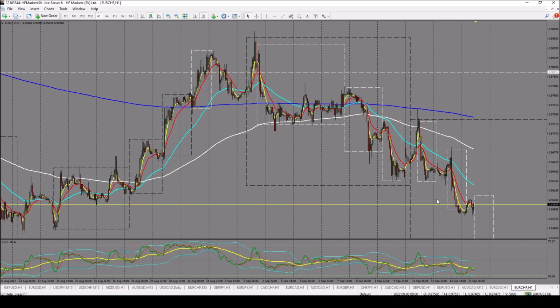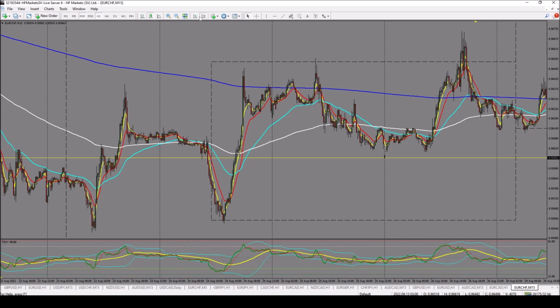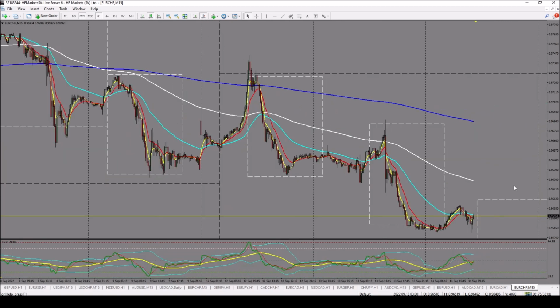So in this case, we can see that we are in a downward trajectory, and it would be wise for us to be looking for downward sell patterns. If we go on the M15 time frame, which is our entry time frame, that is where we'll be looking for sell signals or sell patterns.